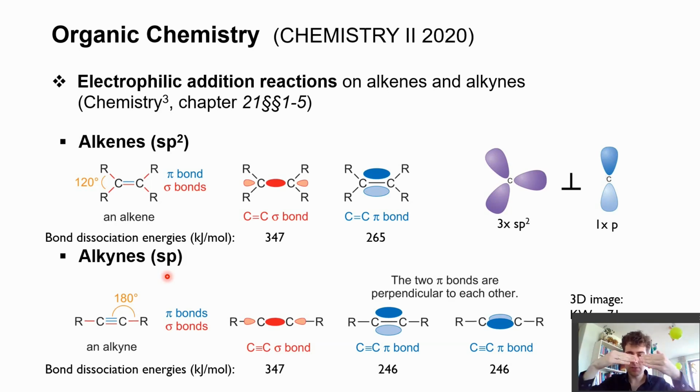So two of these orbitals again form a sigma bond, but now we are not left with just one p orbital that's perpendicular, but we have two p orbitals, and they are both perpendicular to the sigma bond, but also perpendicular to each other. And so for an alkyne, we have actually two pi bonds that are formed. One is above the sigma bond, and one is basically in front and in the back of the sigma bond. So we have electron density all around the sigma bond.